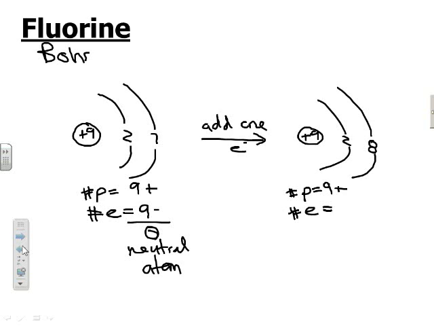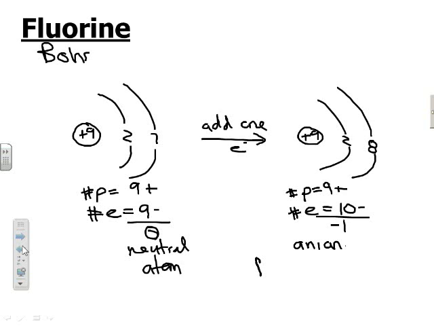Number of electrons is now 10 negatives. We could just add it up using our integers: 9 plus 10 negative, -1. And so this is an anion. It is now an anion.